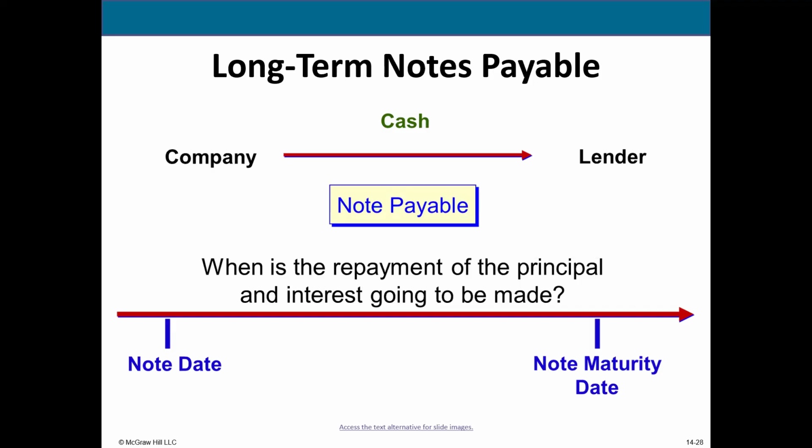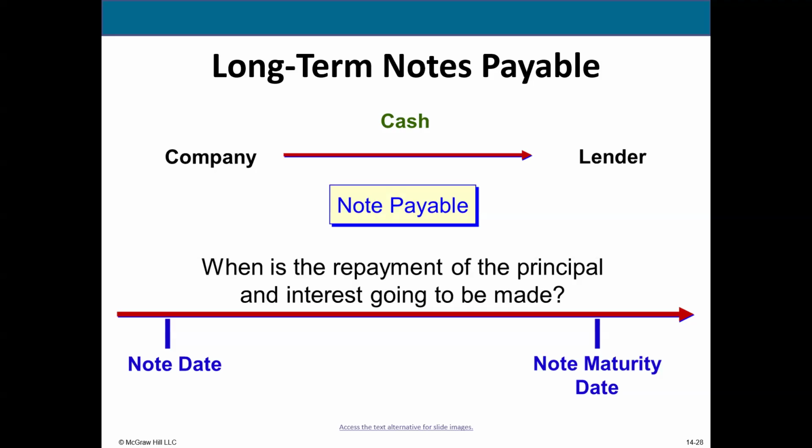So these loans can also be at a premium or a discount, and so it's very similar in nature to bonds. We can see that through this. The company receives cash from the lender. The company repays the lender over time.